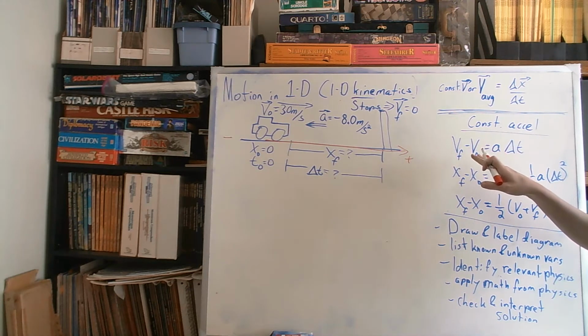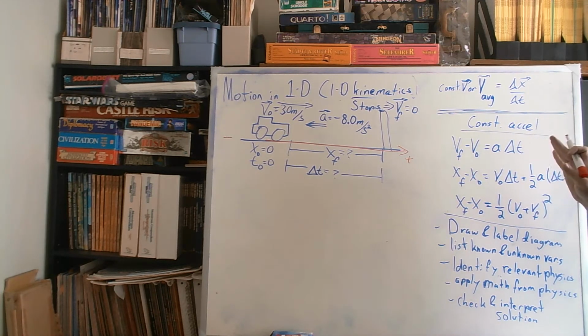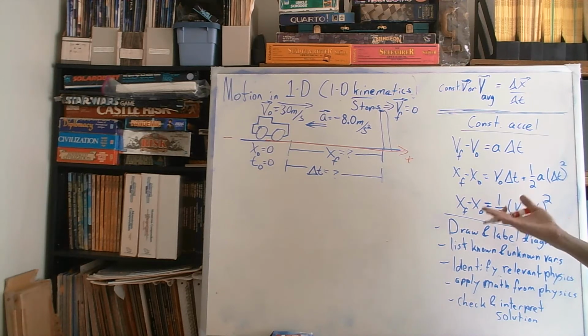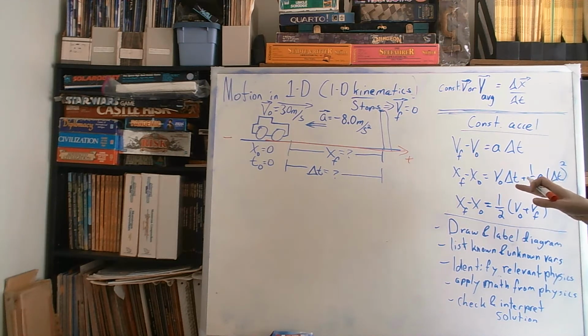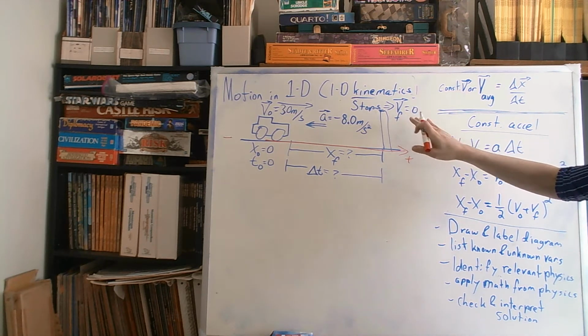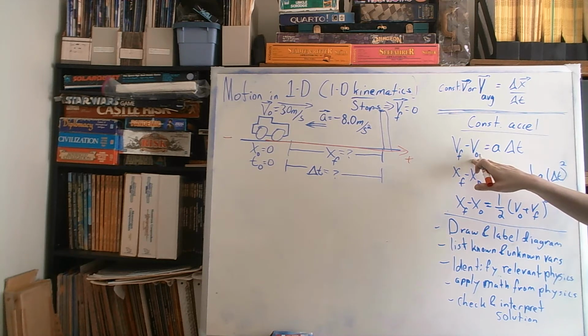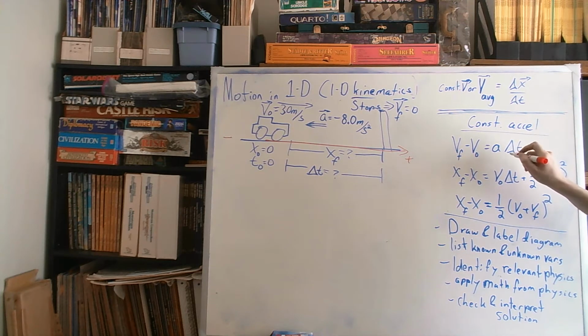A technique I like to use is to indicate among all of our equations which variables we know by underlining them. So if I knew I had this set, let's see, we know v final, we know v original, we know acceleration, but we don't know delta t. So I'm going to code that with a single underline everywhere it shows up in any of our equations.